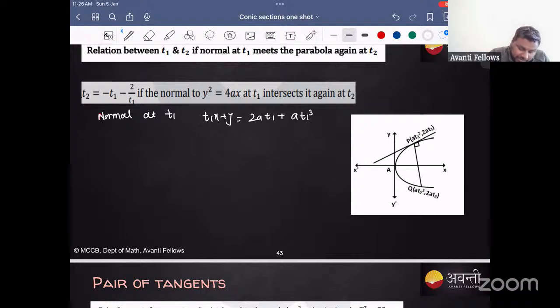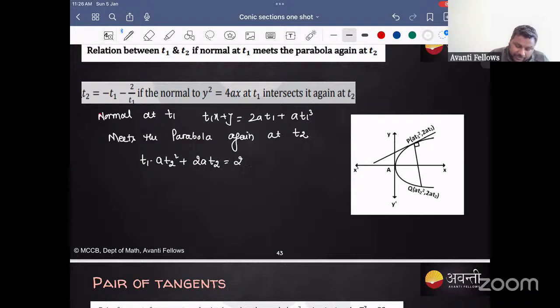Now this normal meets the parabola again at t2, that means at the point (at2 square, 2at2). Now let's make this normal pass through t2. So t1 into at2 square plus 2at2 equals 2at1 plus at1 cube.